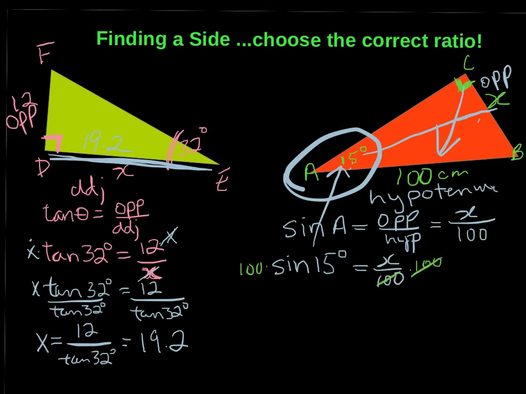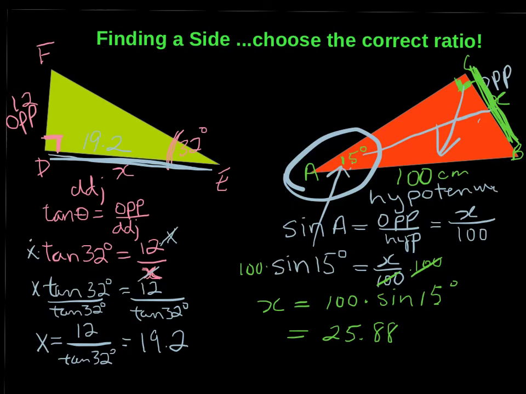And then we end up with x equals 100 times sine of 15 degrees, and that equals 25.88 units of length. So this length right here is 25.88, actually in this case it's centimeters because we started off with centimeters, so I'm going to end off with centimeters.